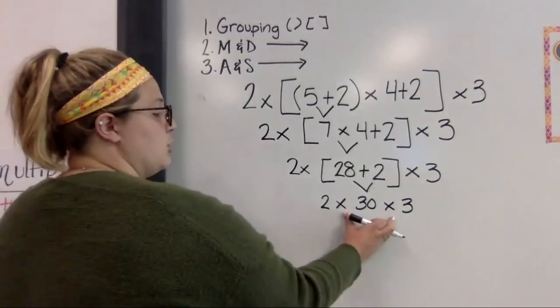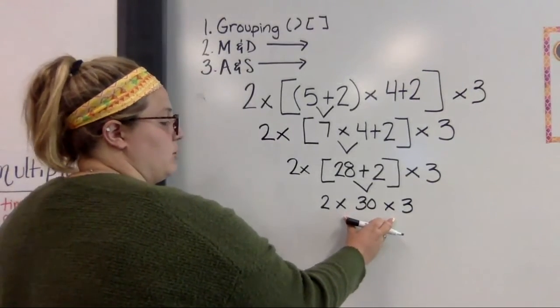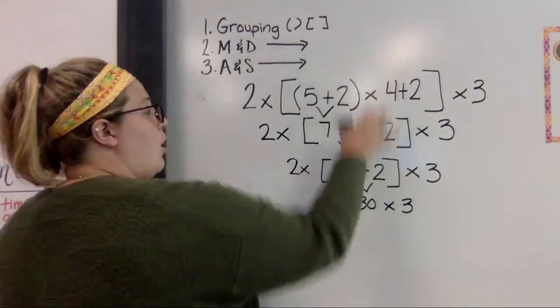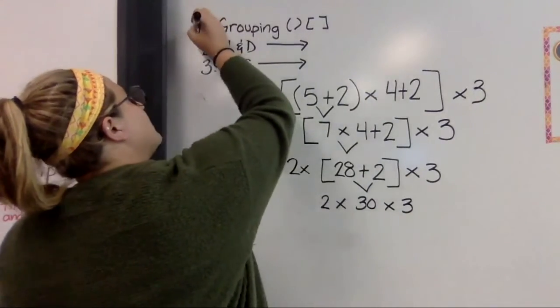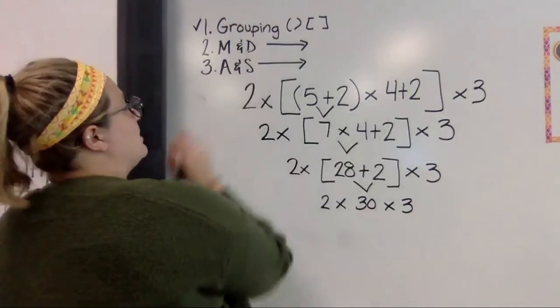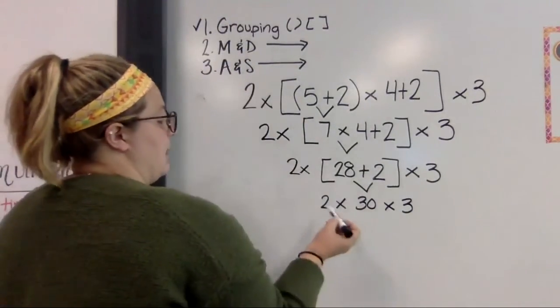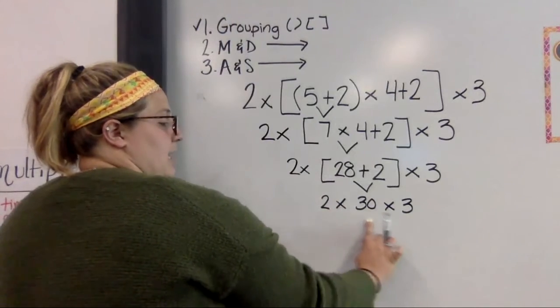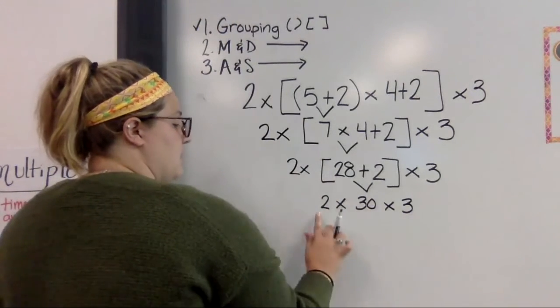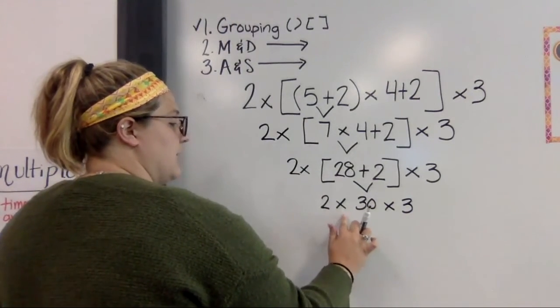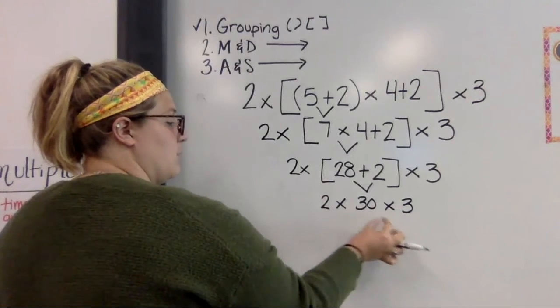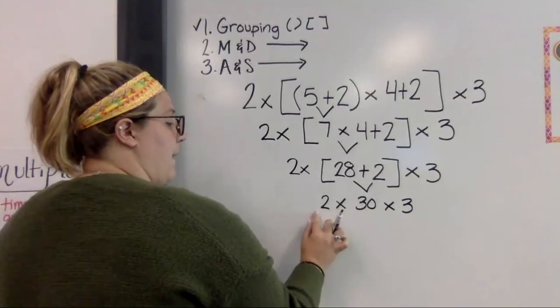So now I have 2 multiplication problems and I need to figure out which one I do first. So I'm done with all my grouping. So I have fully done step 1. Now I'm on to step 2, multiply and divide from left to right. So all I do is read it just like I'd read a book from left to right. And from left to right, I come to 2 times 30 first. Since they're both multiplication, I don't have to worry about that.